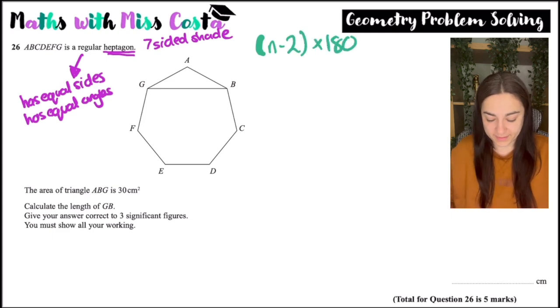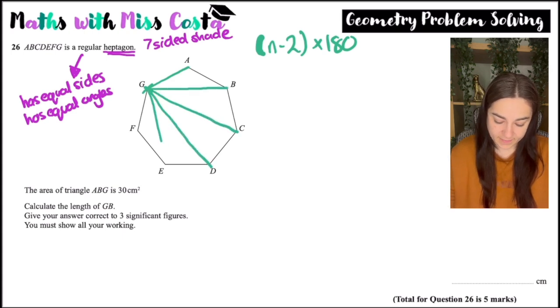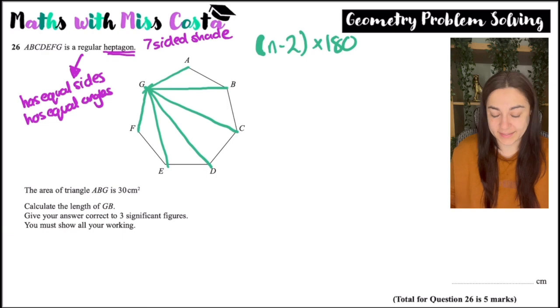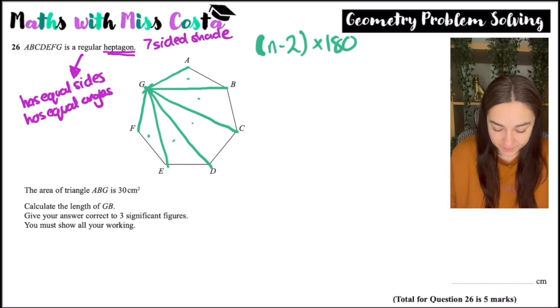And what this means is, let's say you start from any vertex, you join it up to the next vertex, and then the next one, and the next one, and the next one, and the next one. That one's a bit wonky. So why have I done this? It's to see how many triangles fit into this polygon. So that's 1, 2, 3, 4, 5. And why do I do this? Because in each triangle, I know the angles add to 180 degrees.